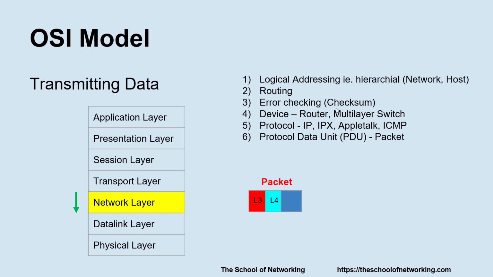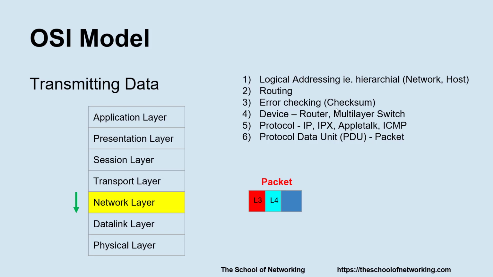At layer 3 we do logical addressing, that is assigning the IP address, which consists of a hierarchy, a network part and a host part. In the network layer we also do error checking. We check the integrity in the checksum field.